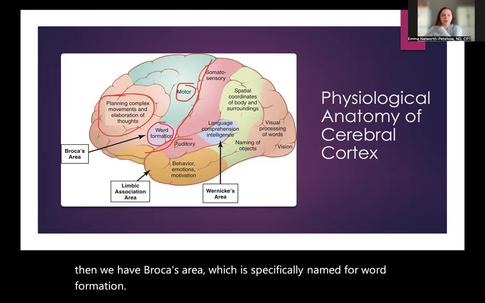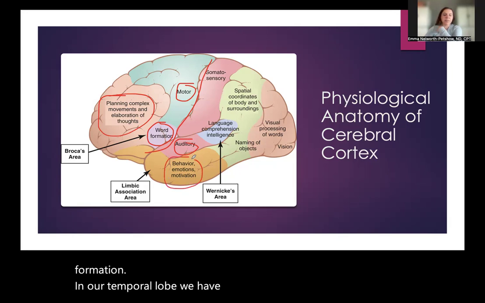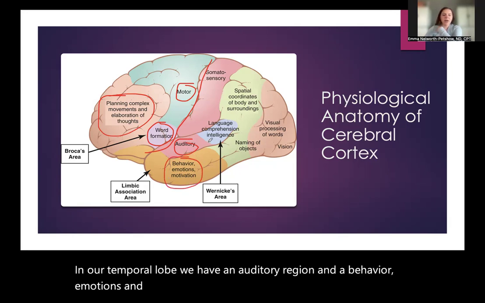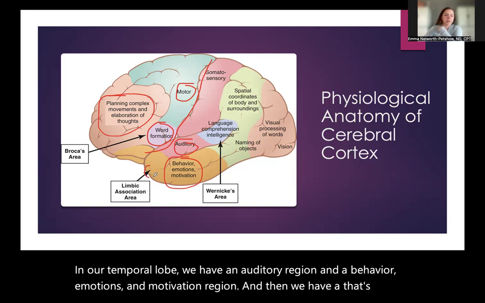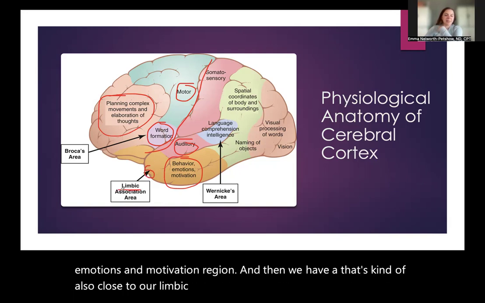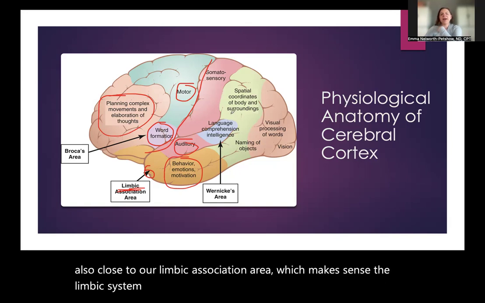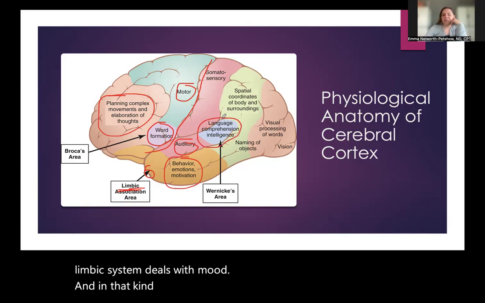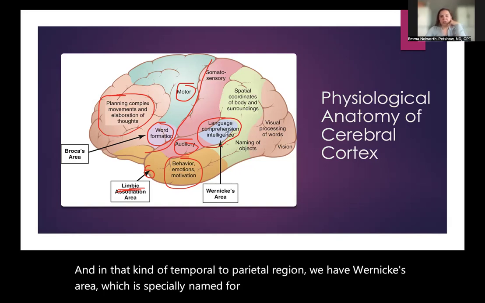In our temporal lobe, we have an auditory region and a behavior, emotions, and motivation region. That's also close to our limbic association area, which makes sense. The limbic system deals with mood. And in that temporal to parietal region, we have Wernicke's area, which is specially named for language comprehension and intelligence.